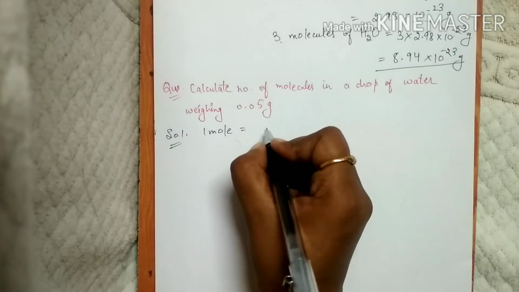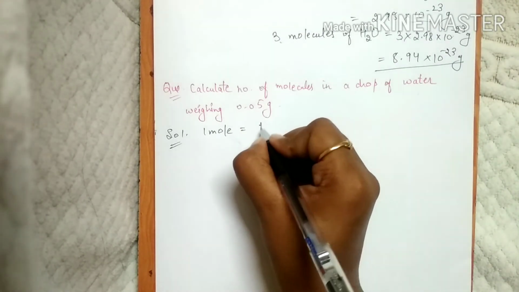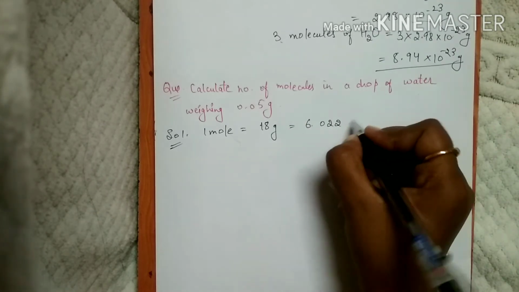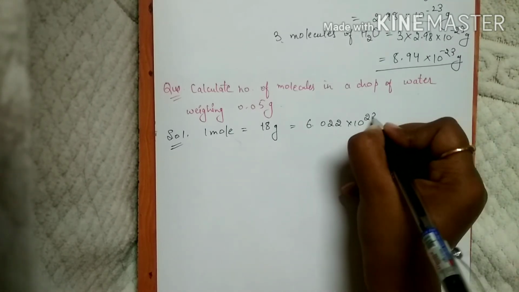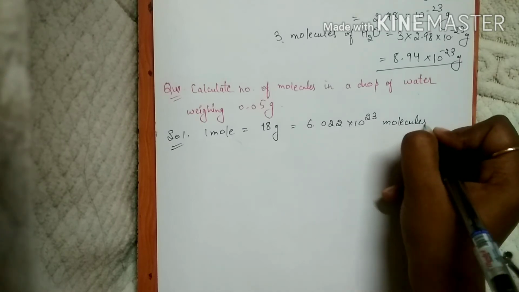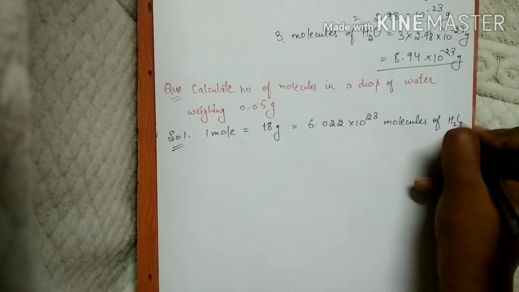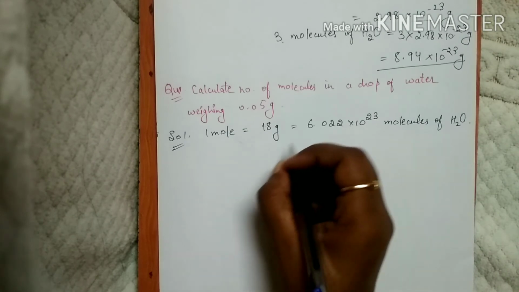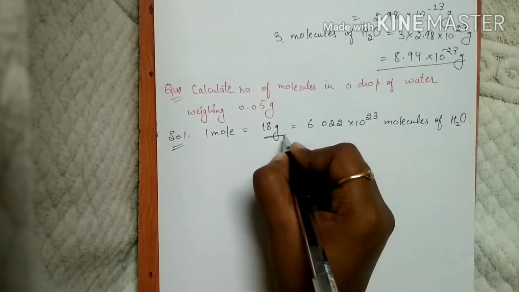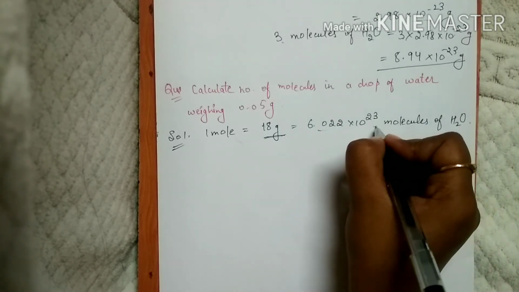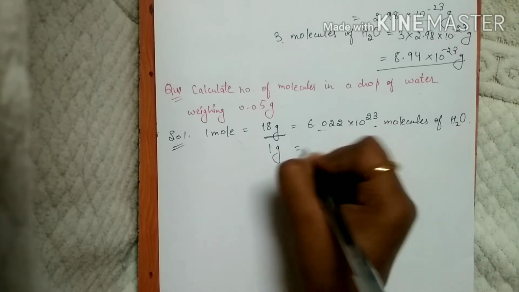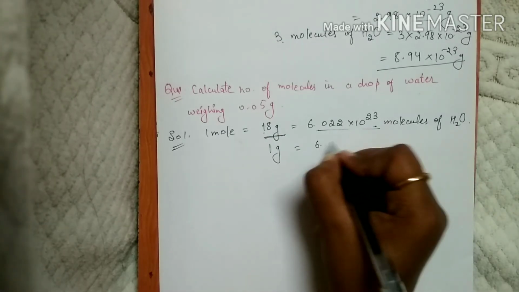I'll directly write it. Molecular mass of water is 18 gram, which will be equal to the Avogadro number. Okay, so 18 gram of water has this much number of molecules. So how much molecules will be there in 1 gram? Just divide this by this.